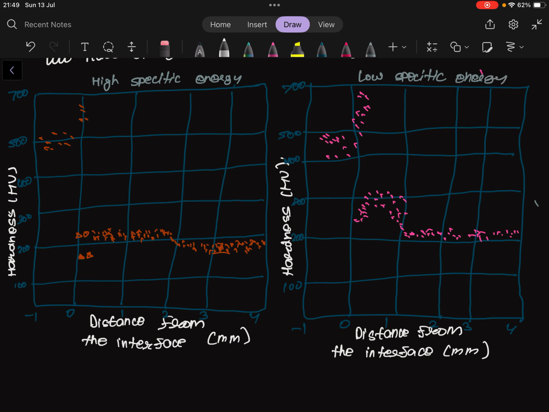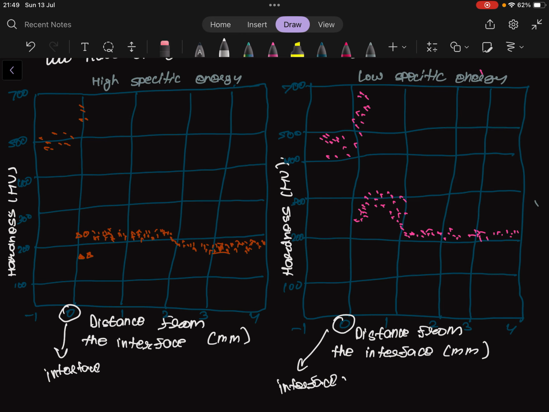Now let's talk about it. We are looking at the cross section of our tracks. We are selecting the interface as 0. So this is our interface here, and this is our interface here. We are looking at the hardness of our cobalt superalloy and the substrate.